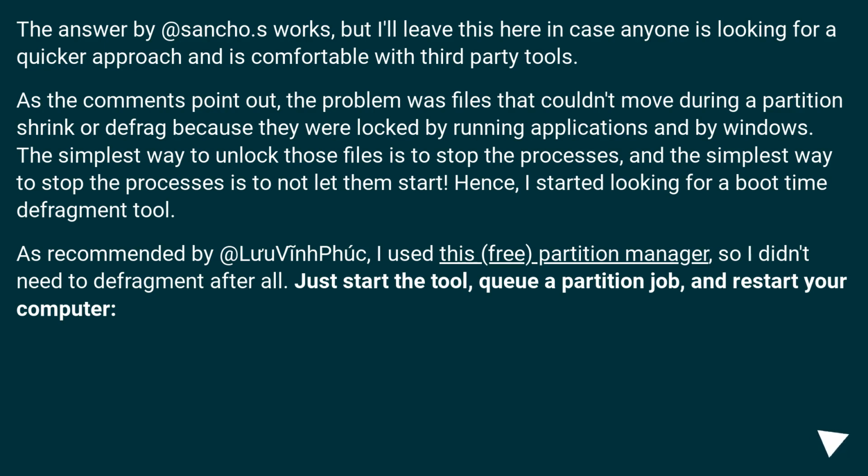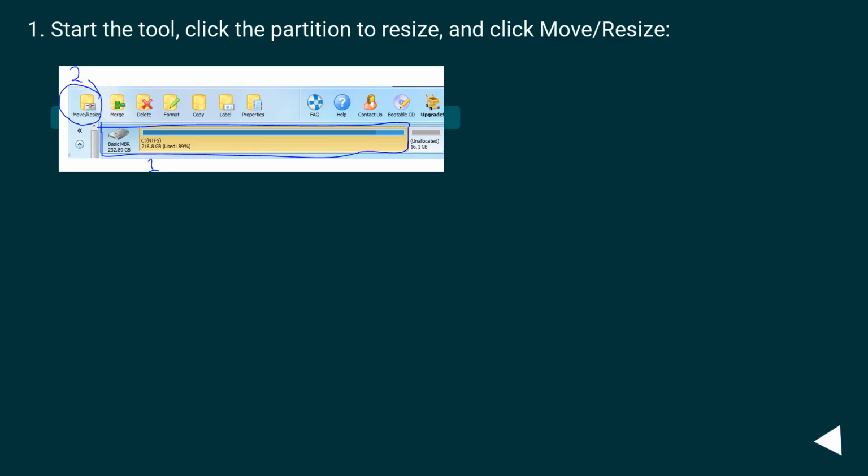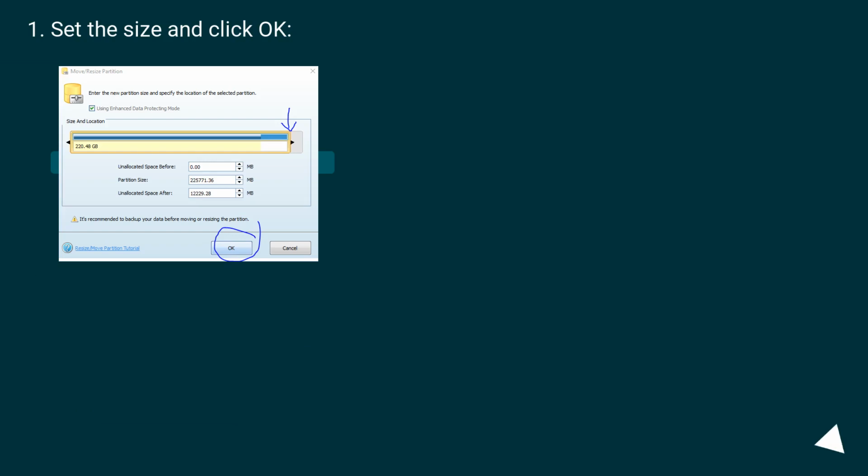Just start the tool, queue a partition job, and restart your computer. Start the tool, click the partition to resize, and click Move/Resize. Set the size and click OK.